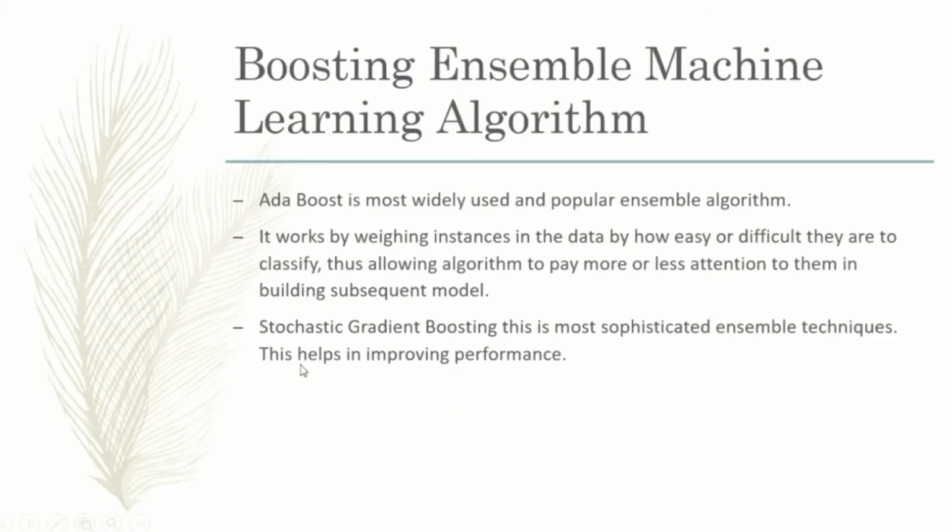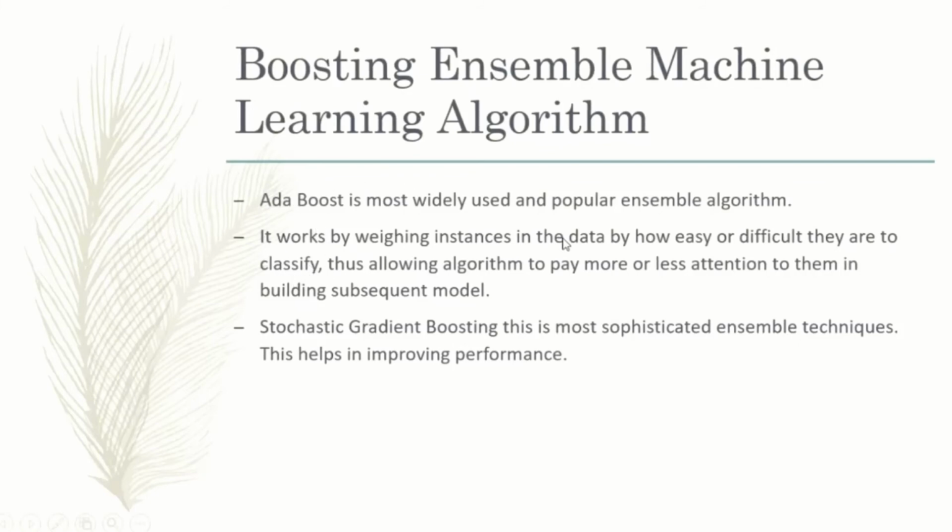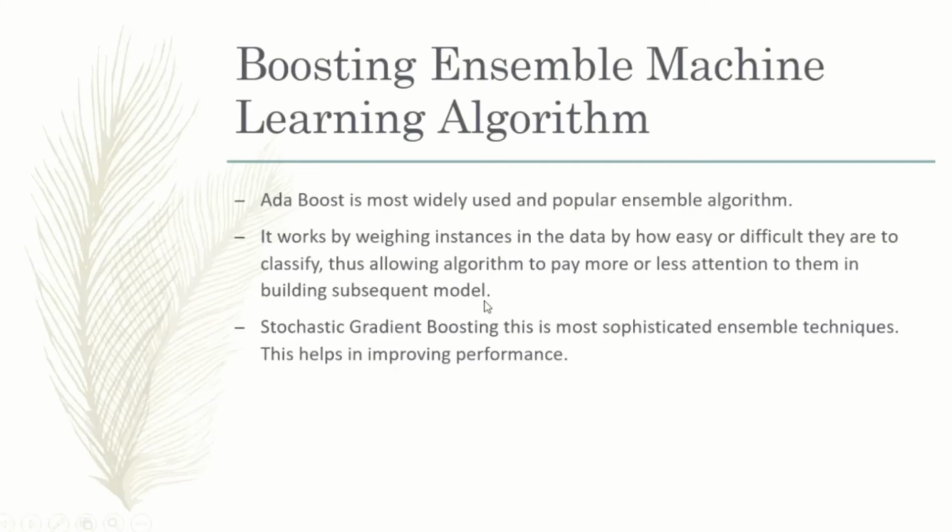Now let's see AdaBoost. This is the most widely used and popular ensemble algorithm. In AdaBoost, the parameters I'm working with are given more or less weightage. The parameters which have less weightage are left, and those with high weightage are taken to build the subsequent model.